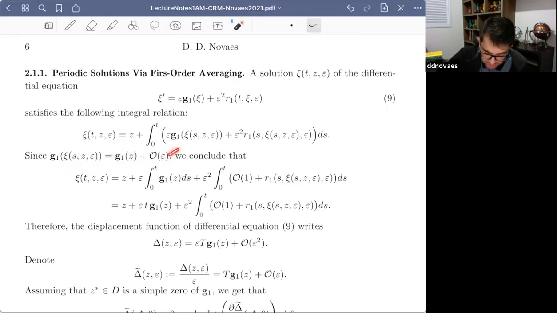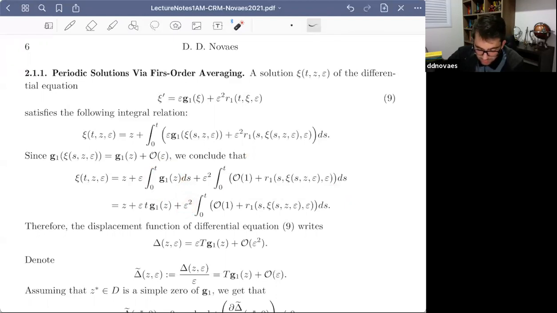We can substitute this here and conclude that the solution writes like z plus epsilon multiplied by the integral of g1. g1 does not depend on t, it's autonomous, the first order. So we can compute explicitly this integral, this is just z plus epsilon t g1 of z, and all the remainder is of order 2 in epsilon.